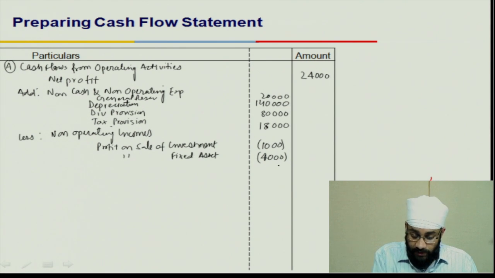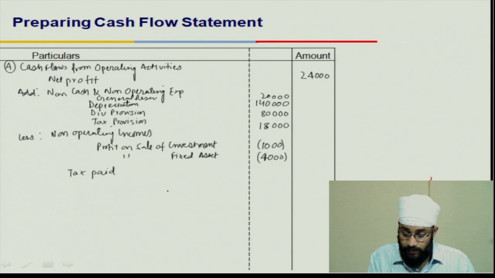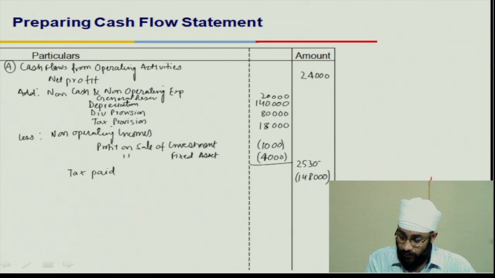Now after we have this, we can deduct the actual tax paid. So tax paid actually can be taken from the provision for tax account, which is 148,000. So 148,000 worth of taxes paid, and this comes out to be 253,000, and net you have 129,000.